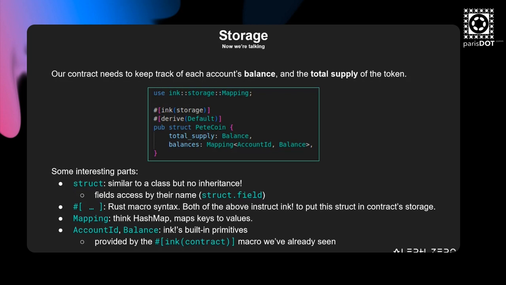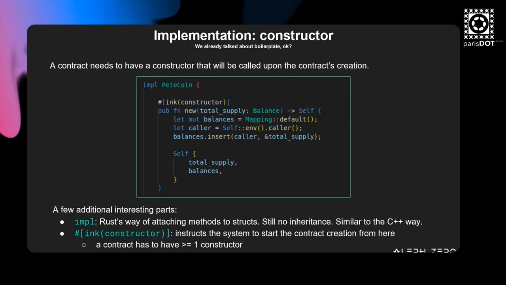So what's the storage here? The storage consists of two fields. It's the total supply, which is just a number, and there is a map with balances, which, as you are familiar with hash maps, is basically saying who has how much money on their account. Okay, so that's the storage.